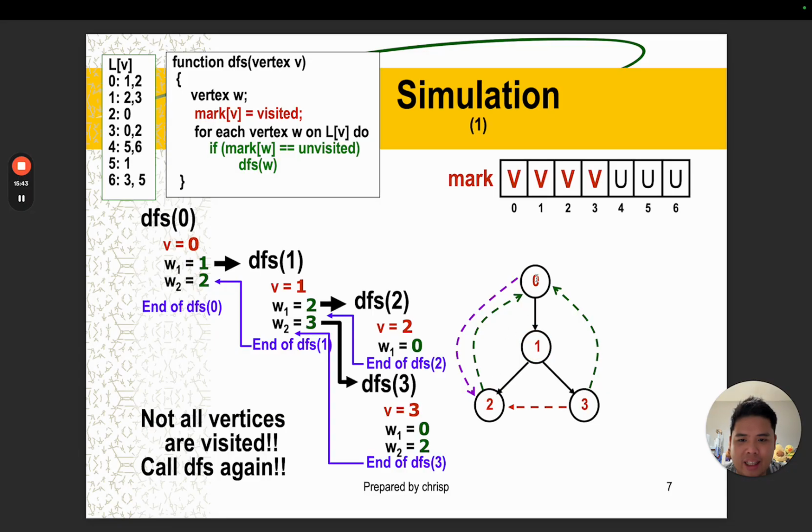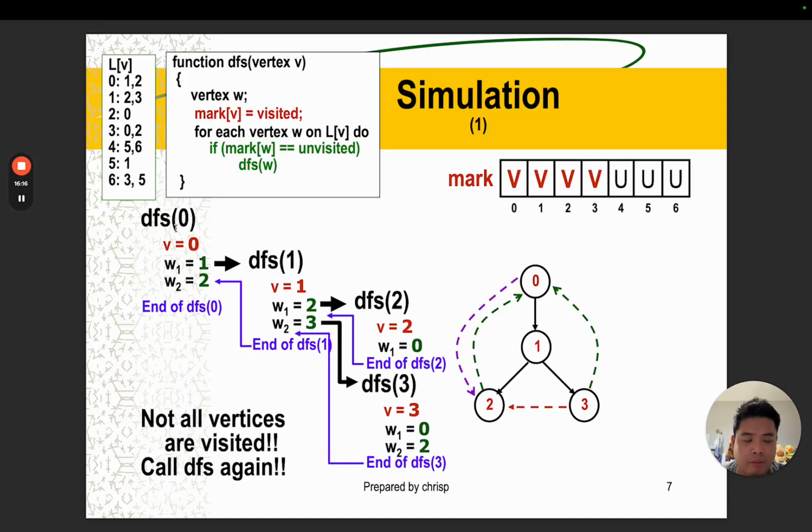But why is 0 to 1 a black arrow, but 0 to 2 a broken arrow? It just means that when I ran my DFS, I was able to encounter an adjacent vertex, but it was already visited.